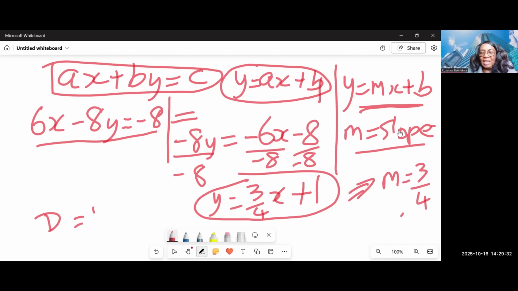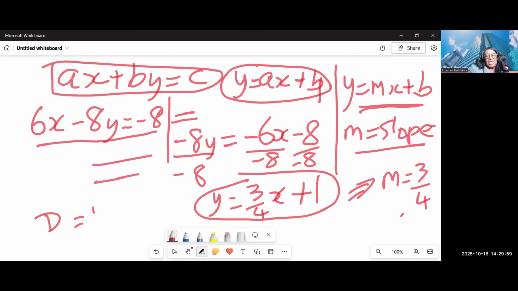And if I have another line parallel to this line, the slope of that line will be 3 over 4 too. If two lines are parallel, they have equal slopes. We're going to talk about that later, but I'm saying it now so you will see it later. We shall also talk about perpendicular lines. If two lines are parallel, they will never meet.